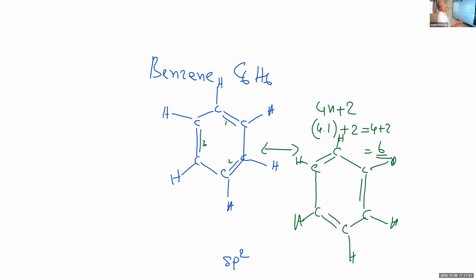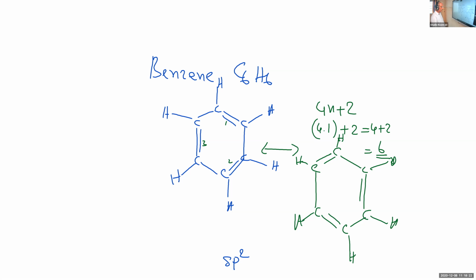In the next instant, what happens? The pi electron pairs are again shifted, and that gives you the first structure. So it goes on. That means the pi electrons are not localized between any two carbon atoms. The pi electrons are delocalized electrons.